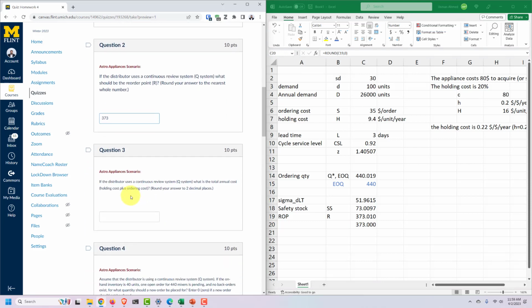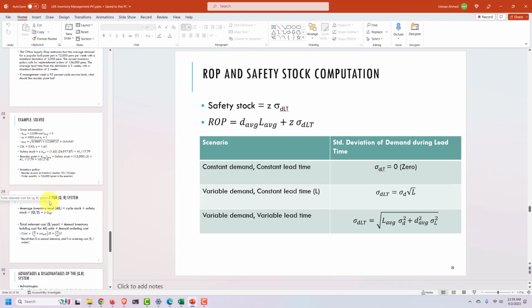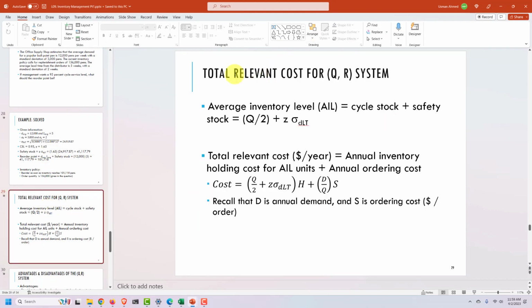If the distributor uses a continuous review system, what is the total annual cost, holding cost plus ordering cost? So the formula is given right here, slide 29, total relevant cost for QR system. So total relevant cost in dollars per year is going to be this. This one, D over Q times S, is going to be your ordering cost, and this whole thing here is going to be your inventory holding cost.